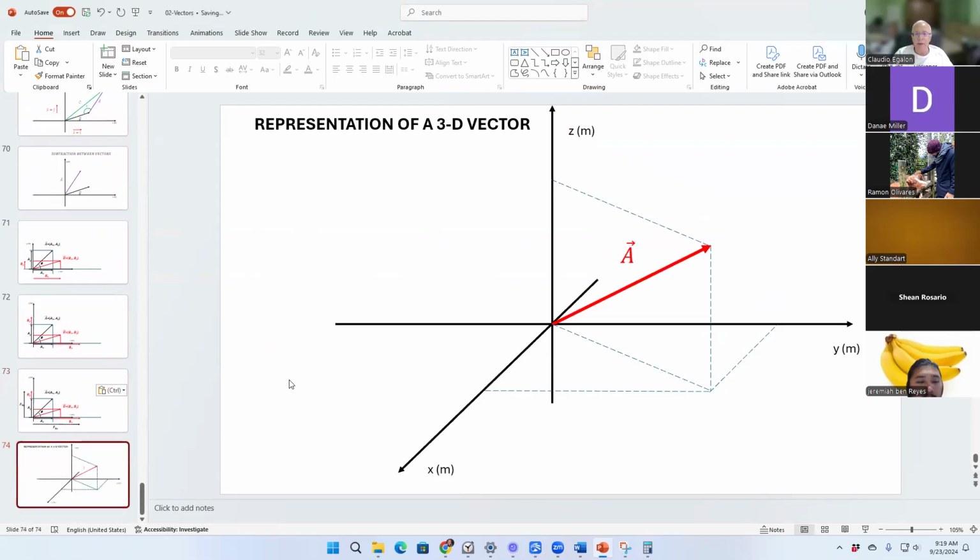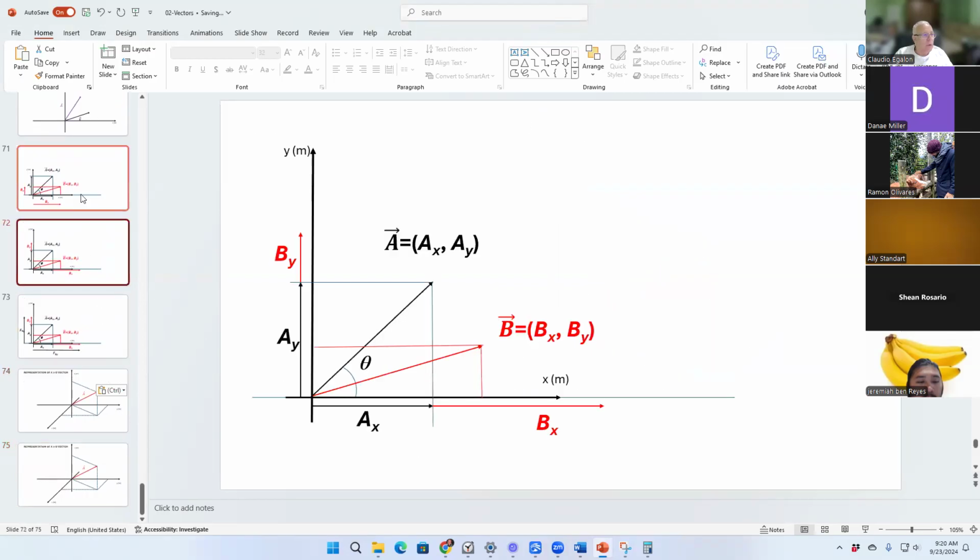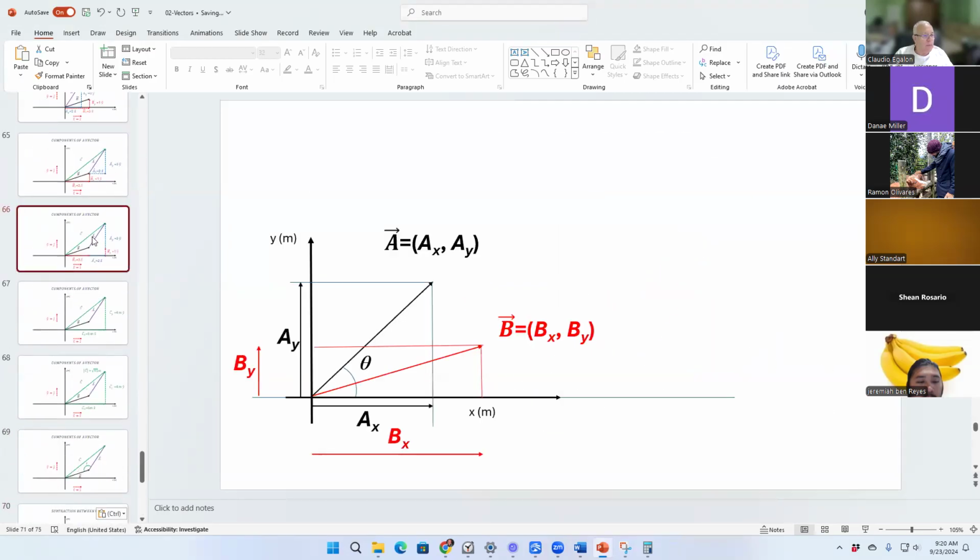Here's the vector. Here is the x component of A, the y component of A, and here's the z component of A. I'm going to draw that for you, just like I drew before.